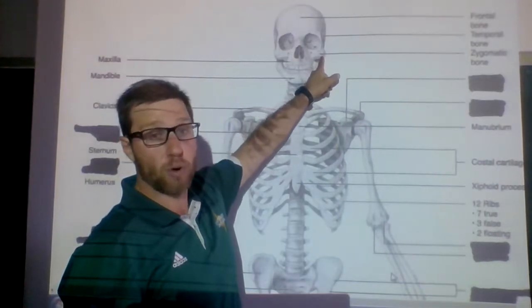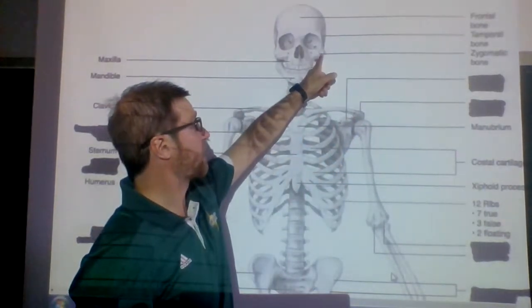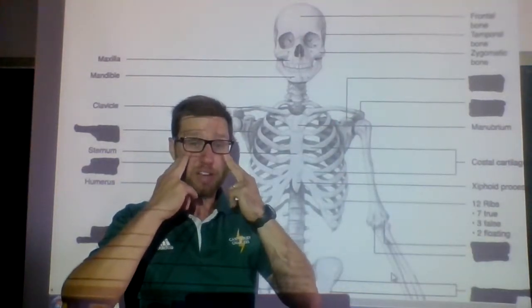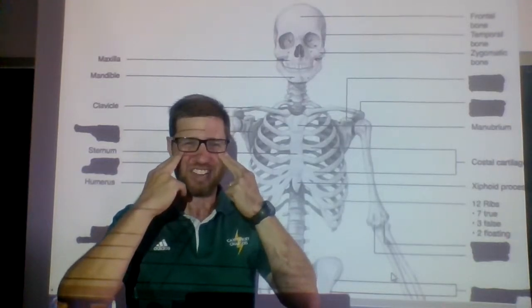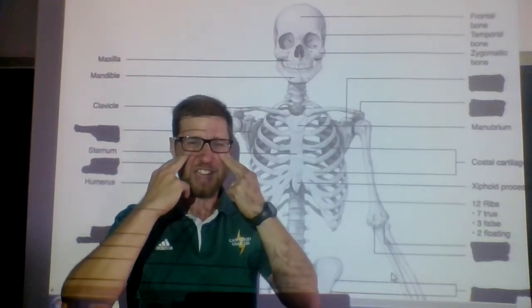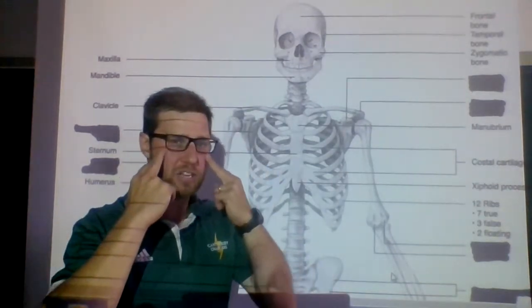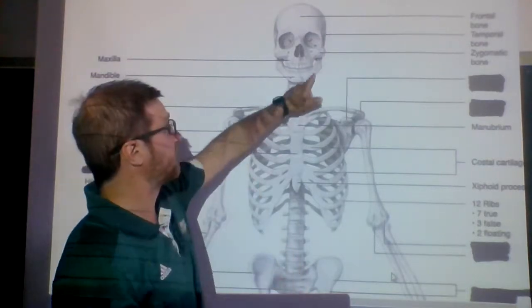This is a facial bone right here. It's your zygomatic bone. Right here we have your zygomatic, and it is going to be your cheekbone. Another word for your zygomatic is your cheekbone. So the zygomatic is that most anterior part of your face where you have those very prominent cheekbones sticking out. It has sutures.